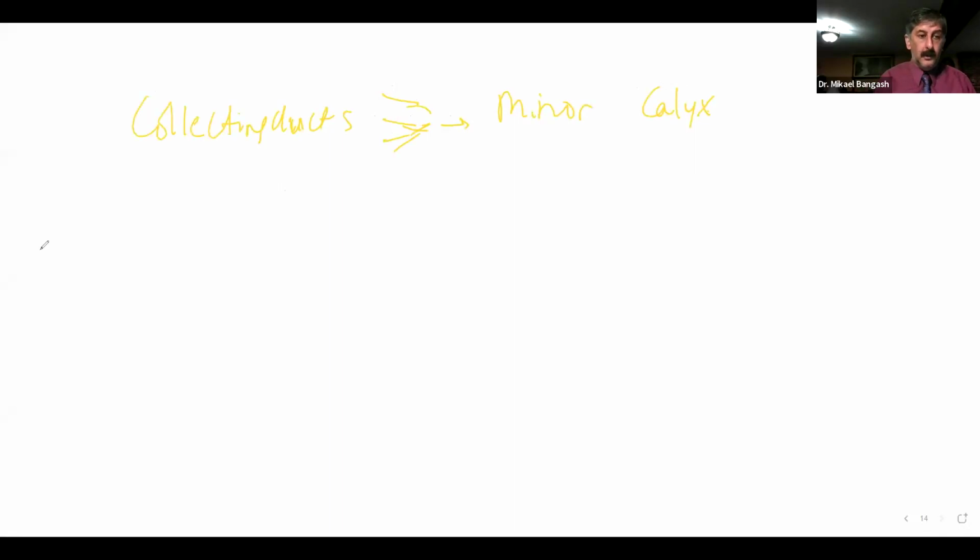What we mean is, from a lot of nephrons we get a lot of collecting ducts. They will form the structure here, which we call a minor calyx.